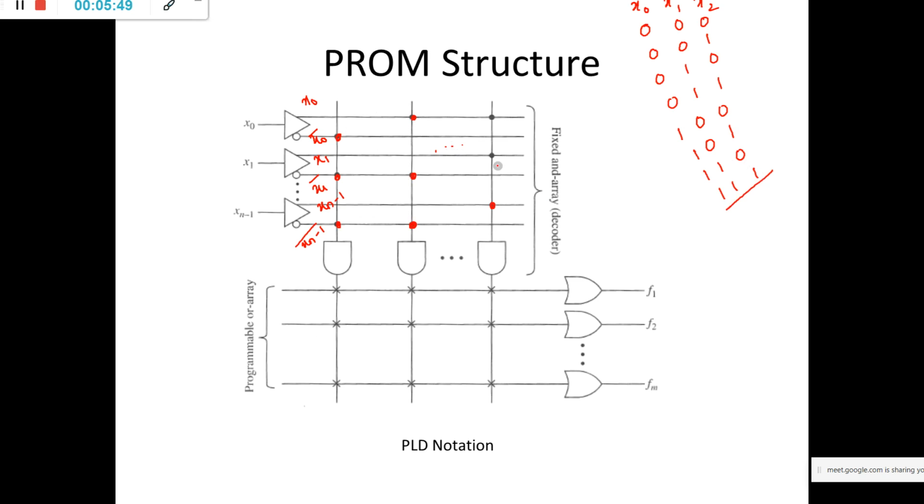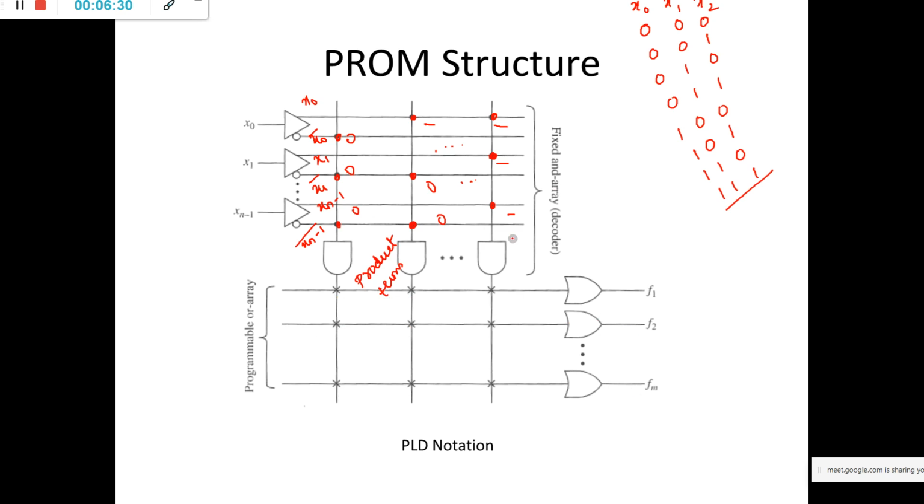So from 0 0 0, 0 0 1 up till 1 1 1 we have the combinations produced. These product terms are generated at the AND gate array. Whichever product term is there in F1 will be selected. Whichever product term is present in F2 will be selected for function F2, and similarly up till Fm.